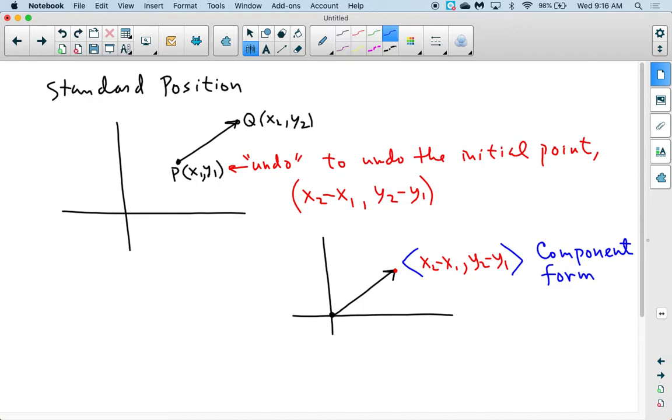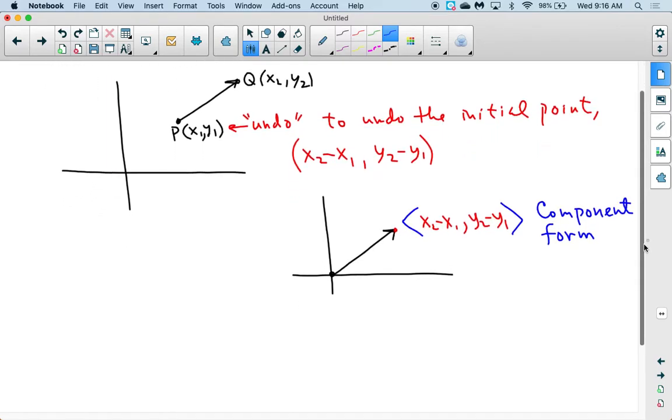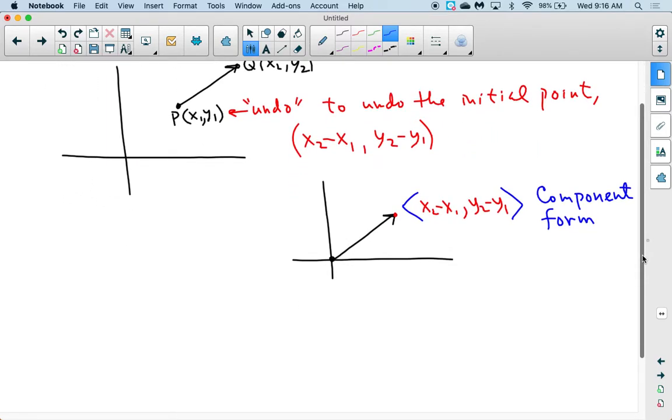All right. Now, one more thing before we leave this slide. How would I find the magnitude and the direction of a vector in this form? Well, it's the same thing.